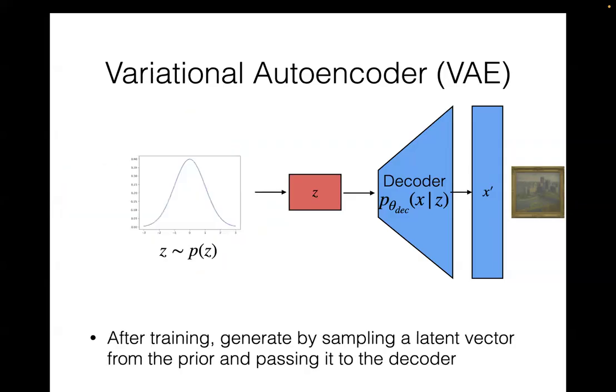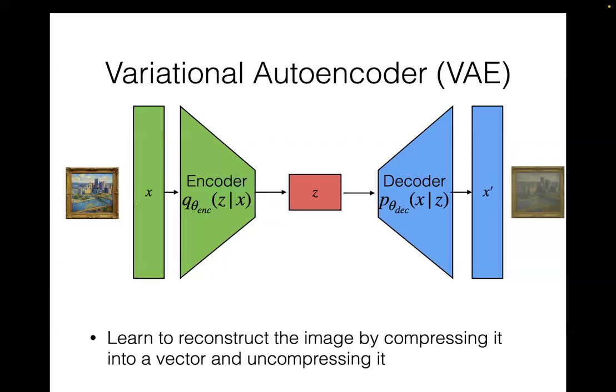So again, how do you use these VAEs to generate things? Let's say that we learn this encoder, and we try to ensure that this latent space is well structured. In particular, we want the latent space to look like a normal Gaussian.